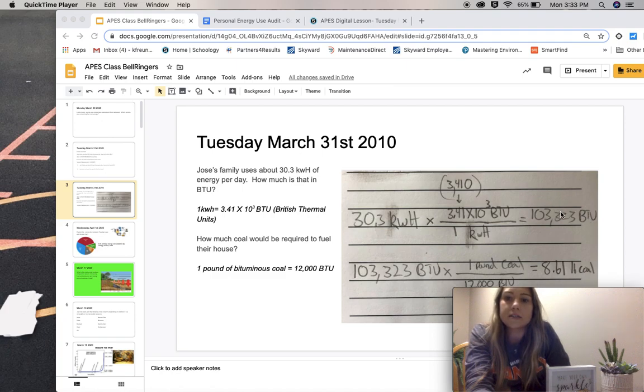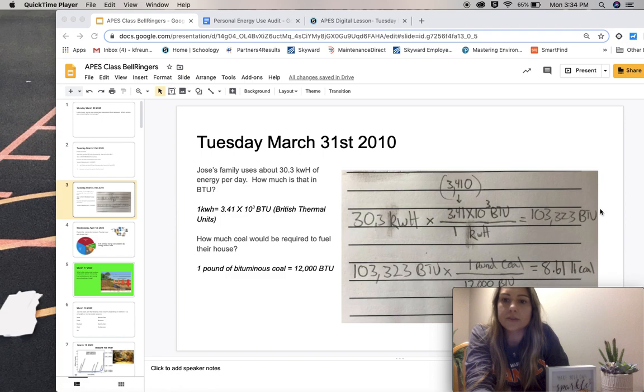So that is the first part. The second part is how much coal would be required to fuel their house. I've gone from kilowatt hours to British thermal units to now pounds of coal. My second conversion here is 1 pound of coal is equal to 12,000 BTU. Again, I'm going to start with what I'm given, which is how many British thermal units it takes to fuel their household energy needs.